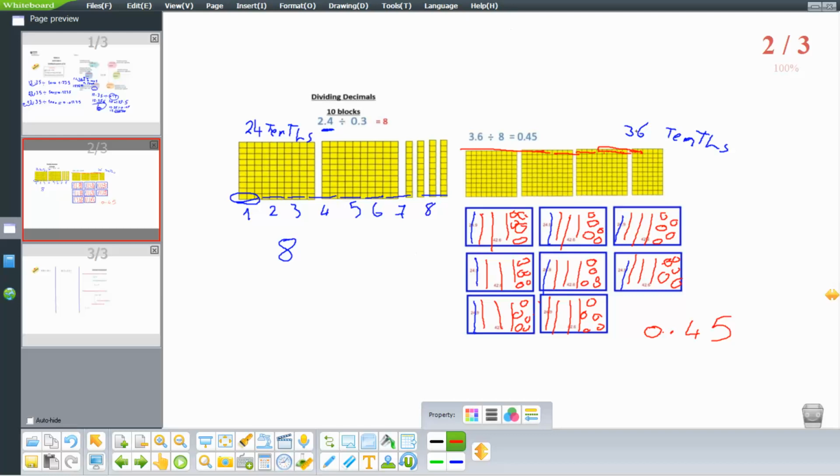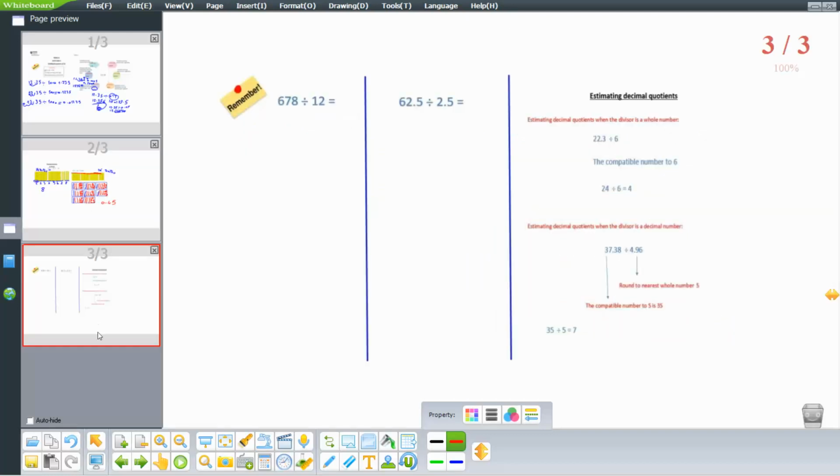Okay, let's see the other method. Okay, if we have 678 divided by 12, let's use the standard form of division to solve it.